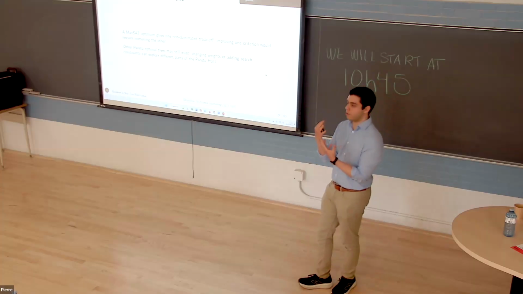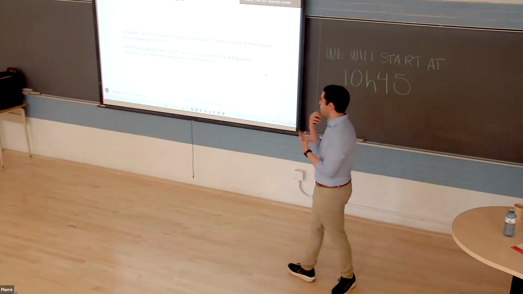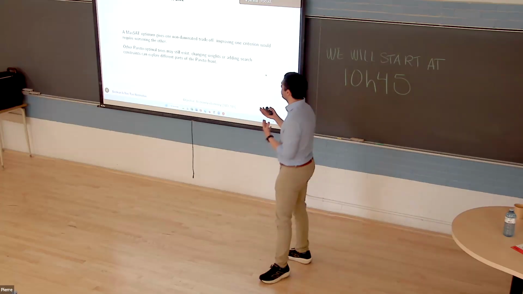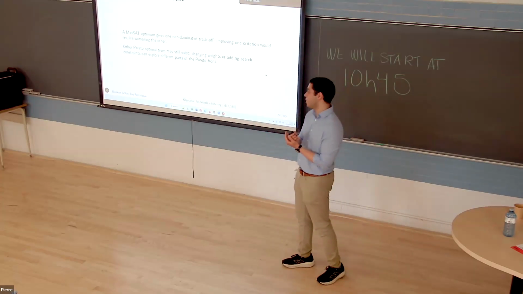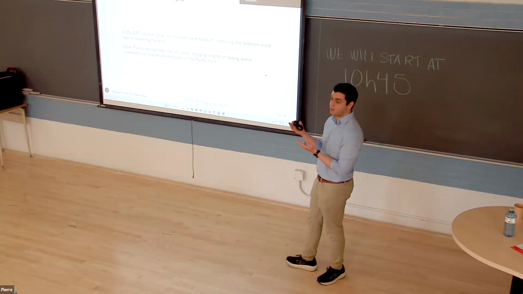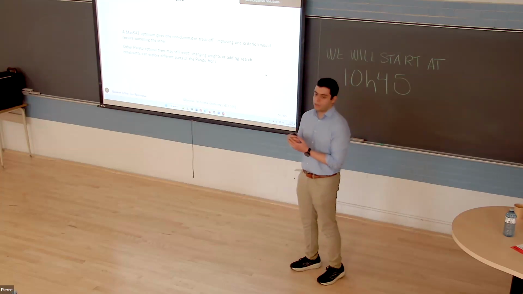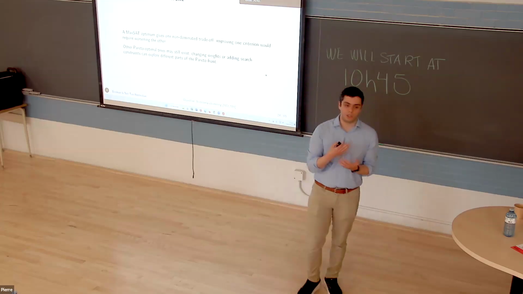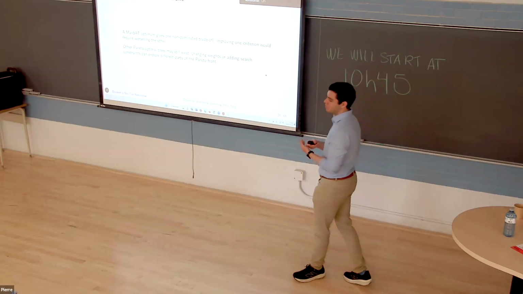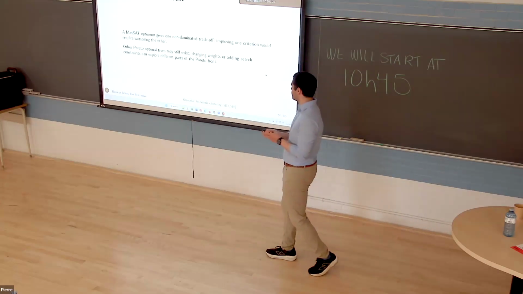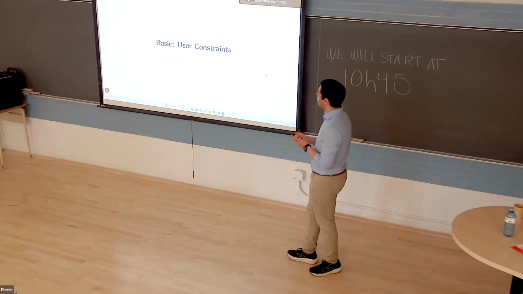In two objective problems, we usually end up with the Pareto front. The proxy optimization that we're doing here finds one Pareto optimal solution, but other Pareto optimal solutions might still exist. And we might encode additional objectives or preferences to focus on one of them rather than the others.